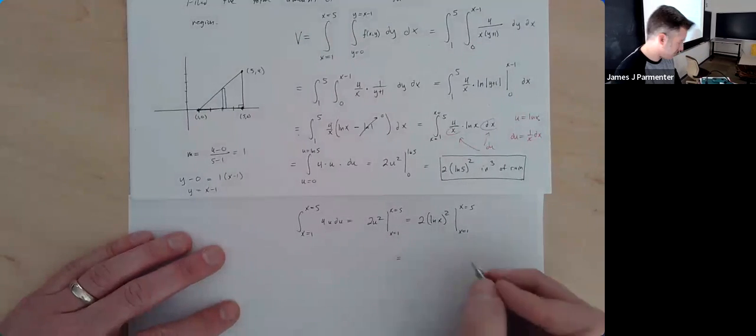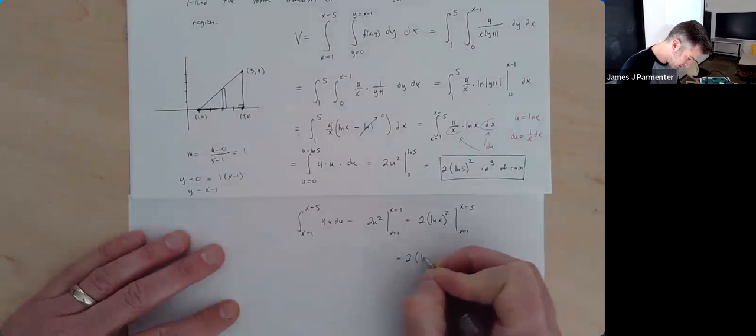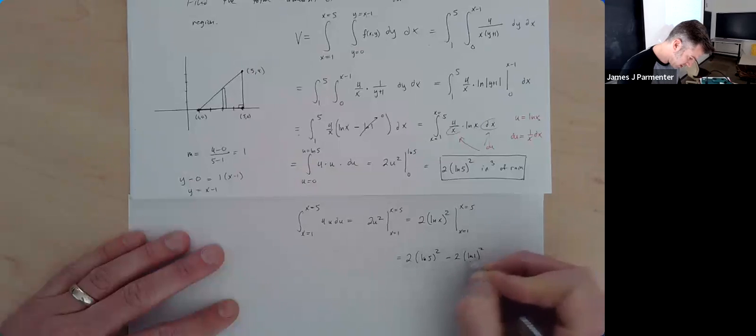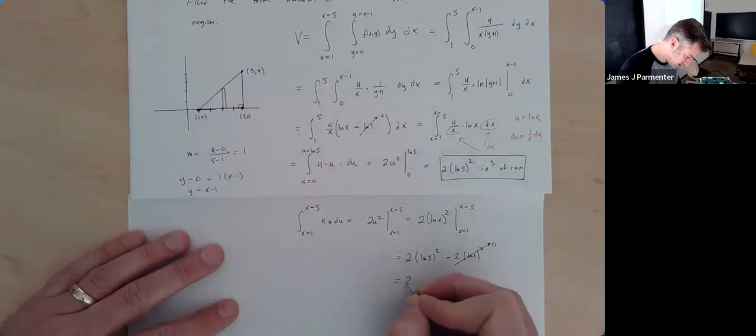It just feels a little messier in my opinion. We're going to get 2 times natural log of 5 squared minus 2 times natural log of 1 squared, but that's just 0. So we get the same answer.